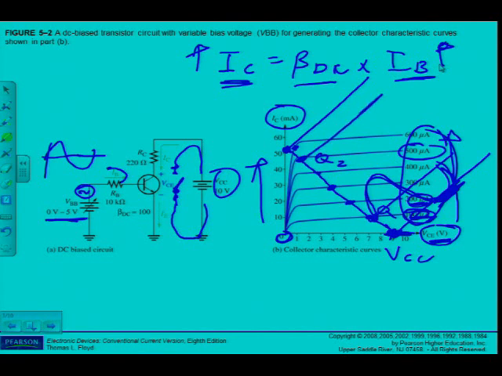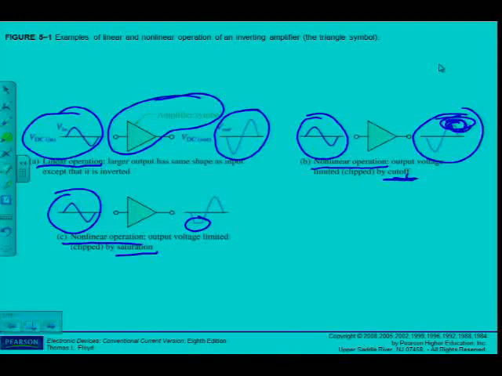That's where I'm going to start applying my input signal. My input signal is going to ride there, but see what happens. It's too close to saturation and part of my signal gets cut off. So it's not linear operation, and if I go back to the previous pictures again, we saw that. Clipped by saturation, but it's at the bottom of the waveform because it is an inverted signal, 180 degrees out of phase.